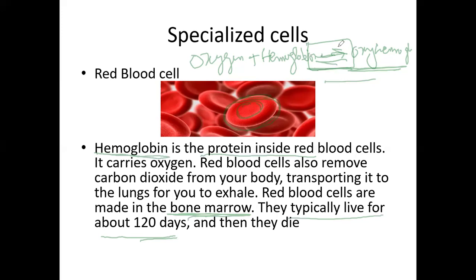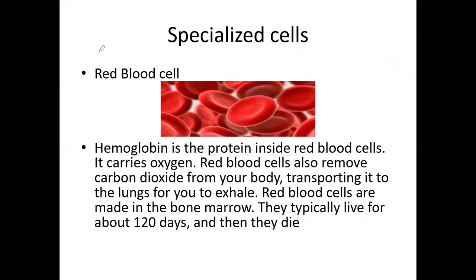The surface area is increased, so more space is provided for oxygen to be attached to the red blood cells and transported to the other parts of the body. So red blood cells perform very special functions, and their structure is according to their function.